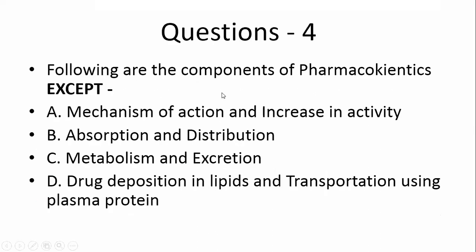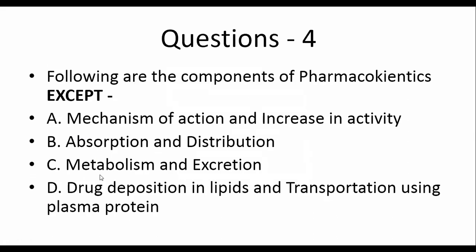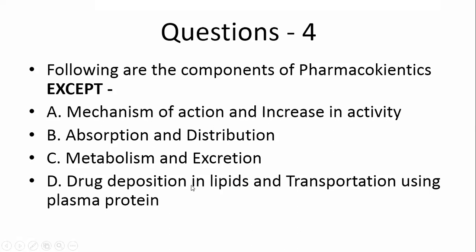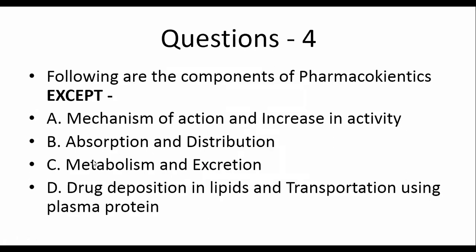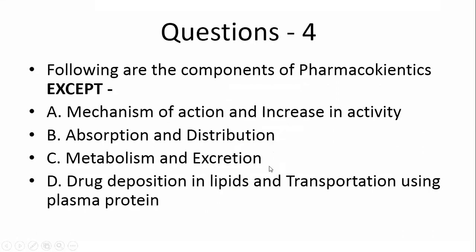Next question. Following are the components of pharmacokinetics except: A, mechanism of action and increase in activity; B, absorption, distribution; C, metabolism and excretion; D, drug disposition in lipids, transportation using plasma proteins. Which is the correct answer? A is the correct answer.